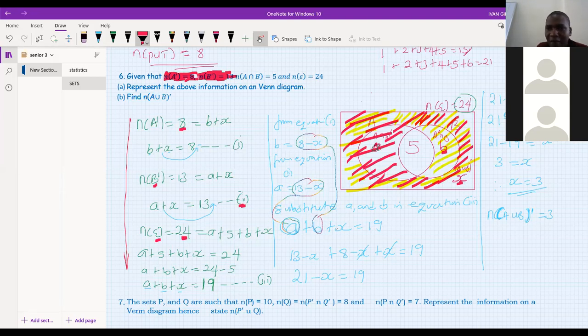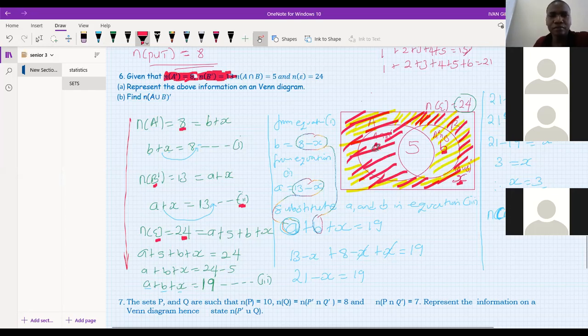In this case, what is inside this rectangle gives us the universal set. So we add up everything inside that rectangle, and we shall have A plus 5 plus B plus X, giving us 24. And this gave us the third equation.